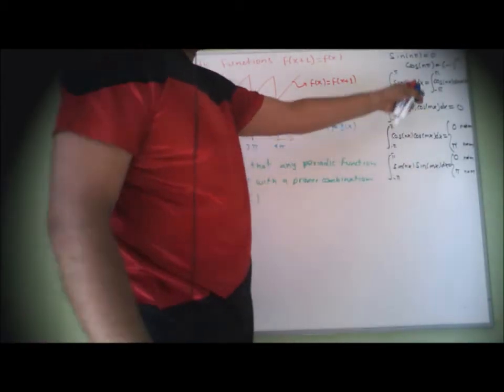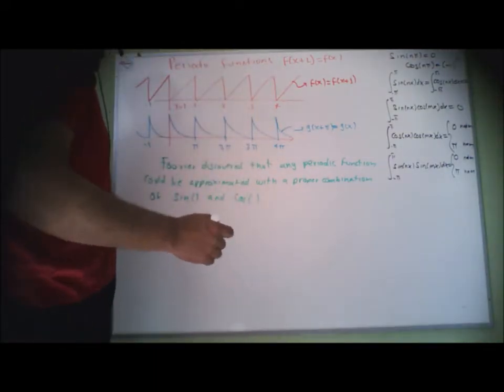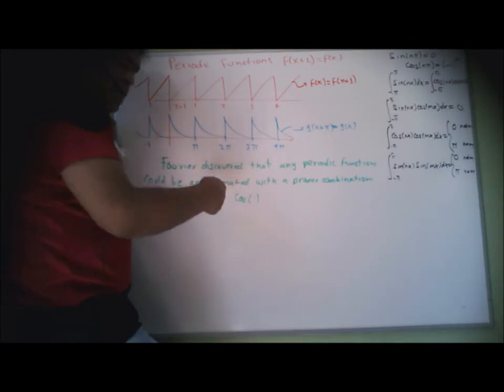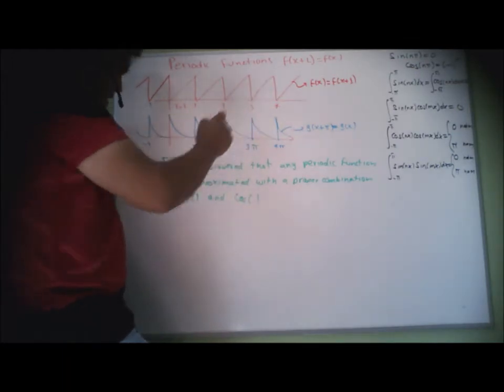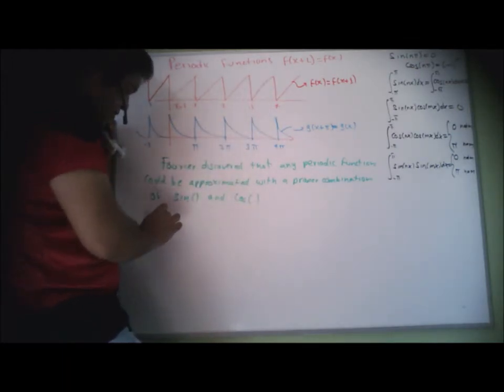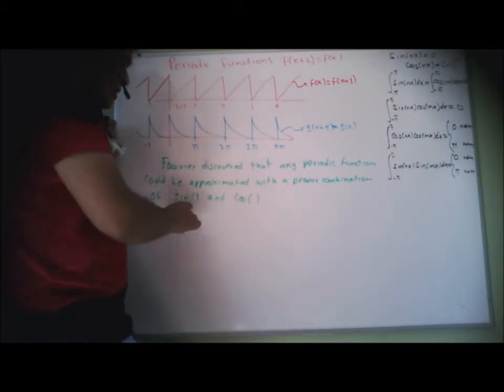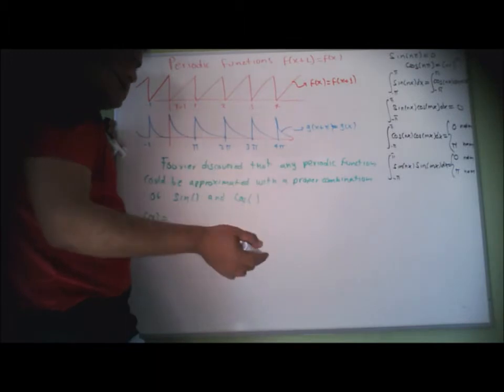That is why we have seen these formulas. It's saying that if you find the correct sines and cosines, that f of x could be approximated with a proper combination of the sines and cosines. What combination, we don't know.